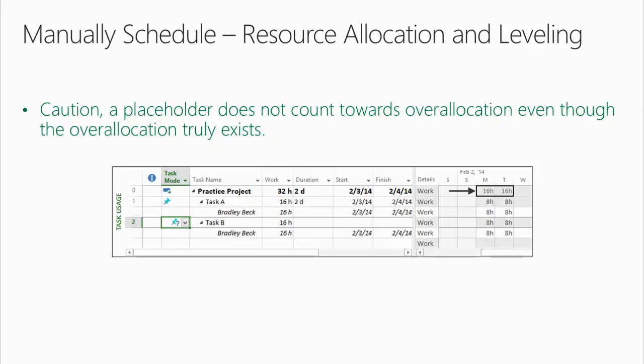So I really do have an overallocation problem, but because I have a pure placeholder at the task level, which means no standard values in duration, start, and finish, no overallocation. So if you're studying allocation and overallocation and you're using manually scheduled mode, your pure placeholders don't count, but it's really there.